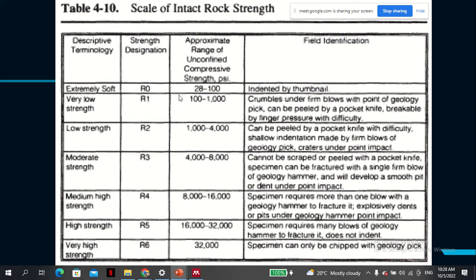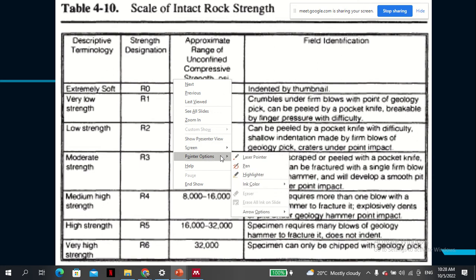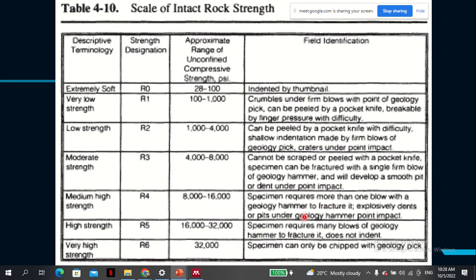And then the specimen requires more than one blow with a geology hammer to fracture it. It dents or pits under the geology hammer point impact.